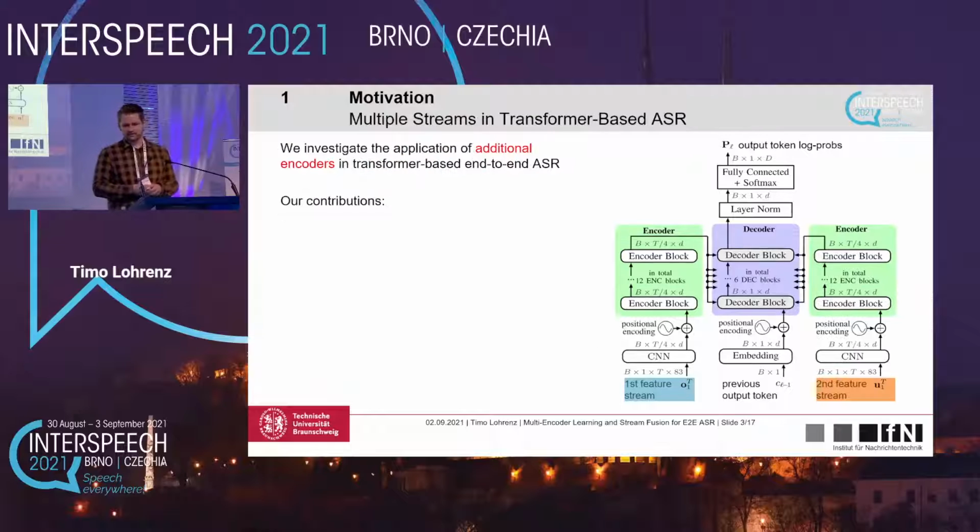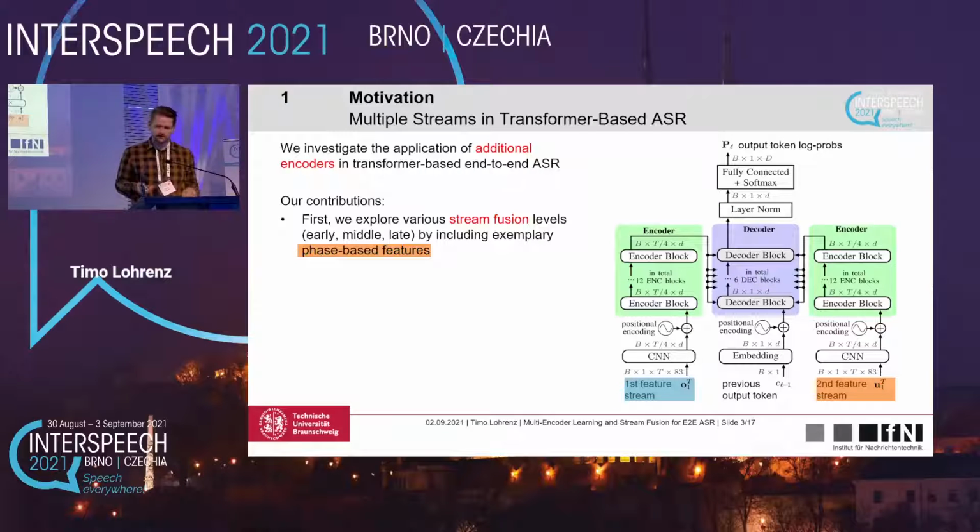And this is why we, in this talk, investigate the application of additional features and additional encoders to the transformer model. As we can see here, for example, we have a second feature stream that is fed into an individual encoder and then also is input to the decoder blocks. So our contributions are that first, we explore the different levels of stream fusion.